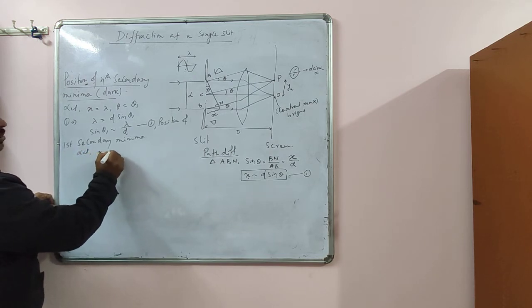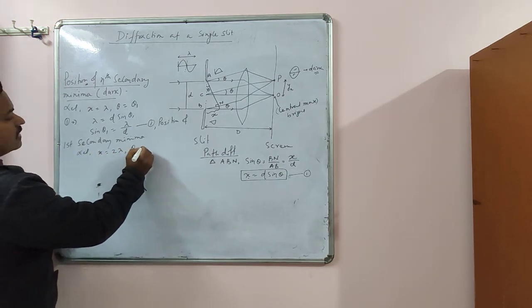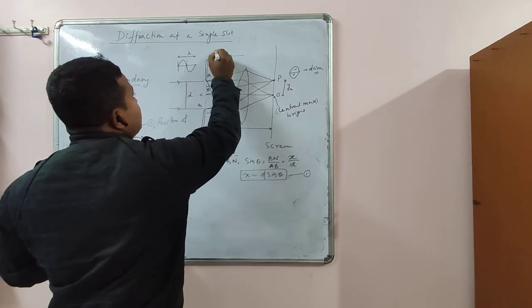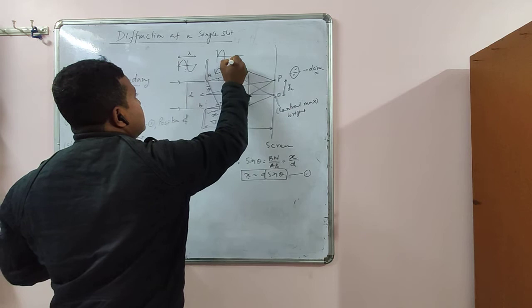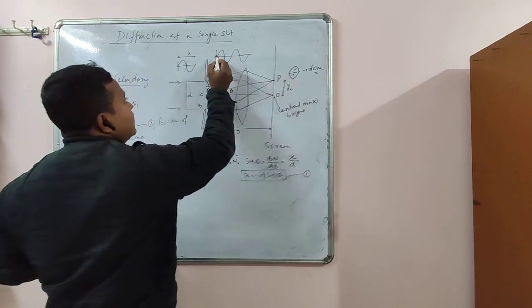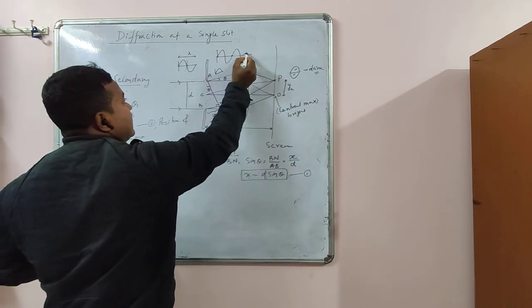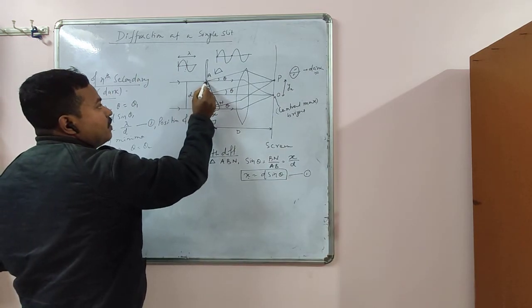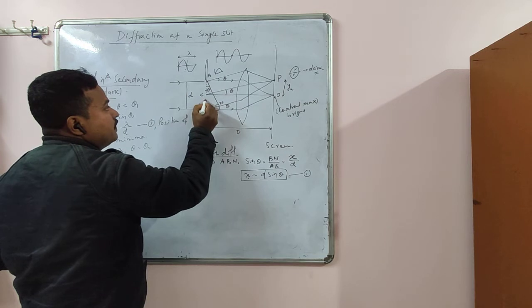Similarly, if we take x equal to 2 lambda and theta equal to theta 2. Here you see, 2 lambda means from here to here it is lambda, then from here to here again lambda. This is 2 lambda. So in this case the slit is divided into 4 equal parts: 1, 2, 3, 4.